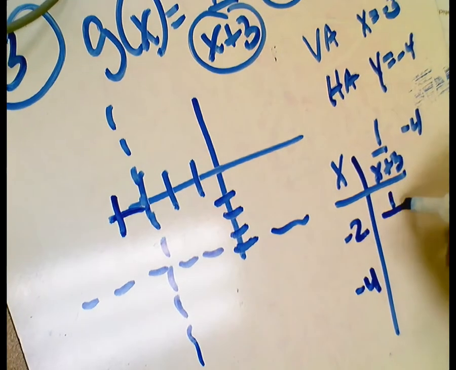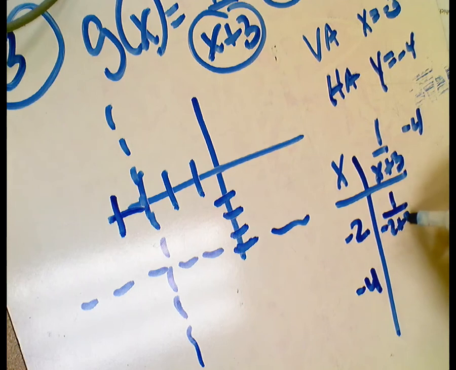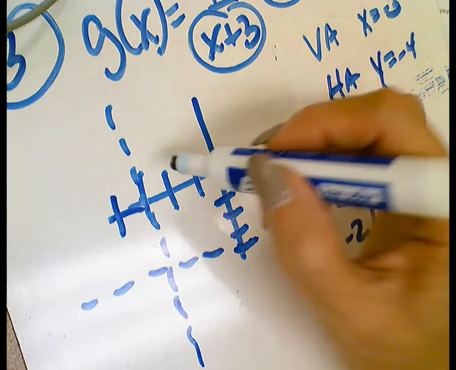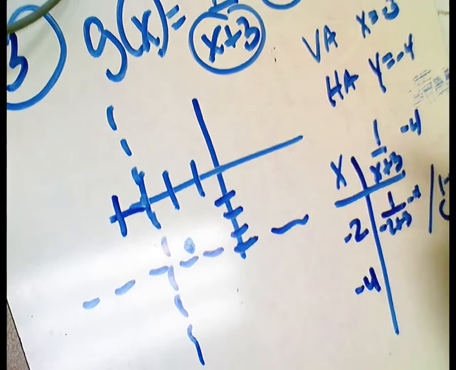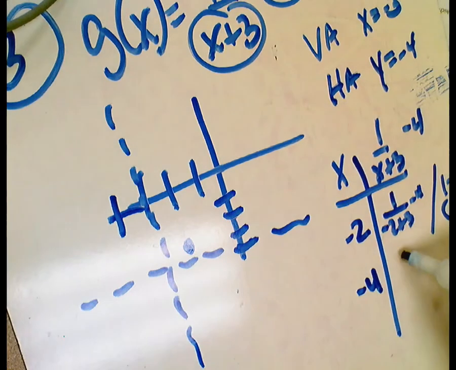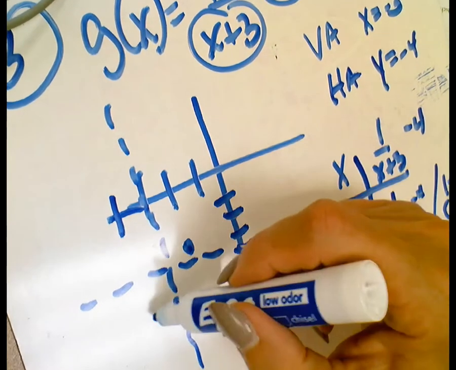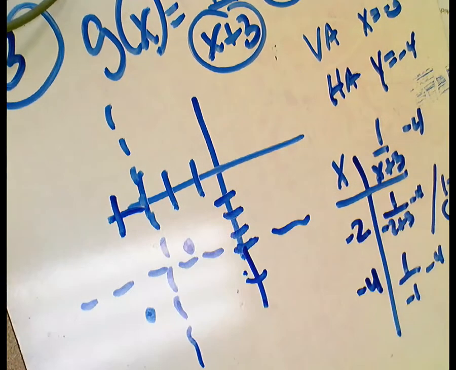So if you plug in a -2, this gives you 1 over 1, which is -3. So -2, -3 is a point right there. If you plug in -4, -4 plus 3 is -1. So -1 minus 4 is -5. So -4, -5. That's that point.